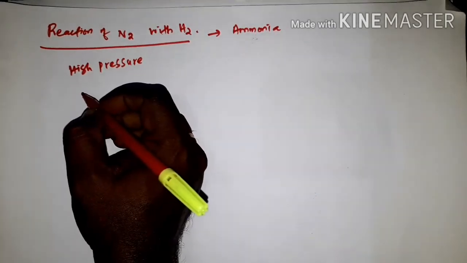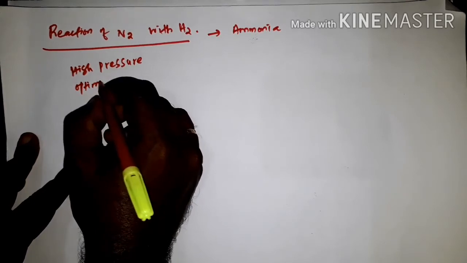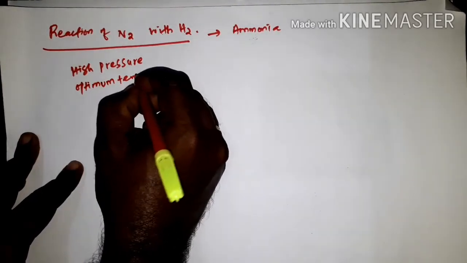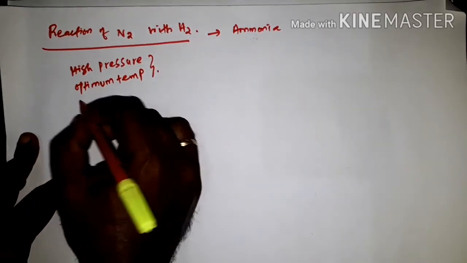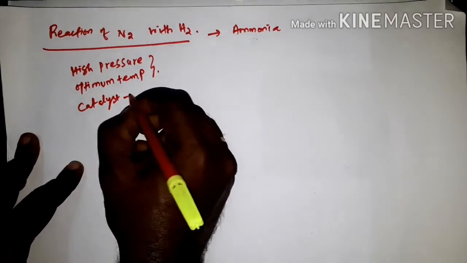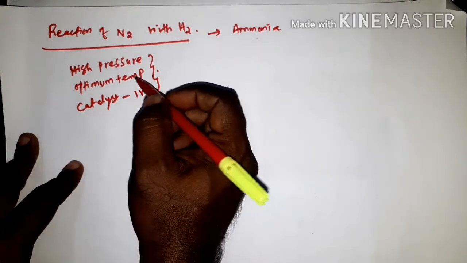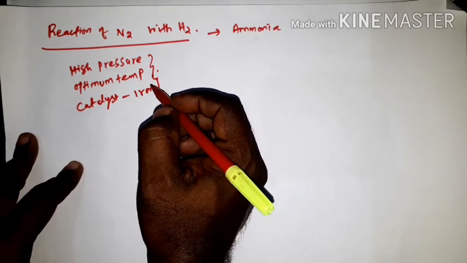And optimum temperature. These are the two important conditions. Another condition is a catalyst. The catalyst is iron. So these three conditions are important: high pressure, optimum temperature, and the catalyst, iron.